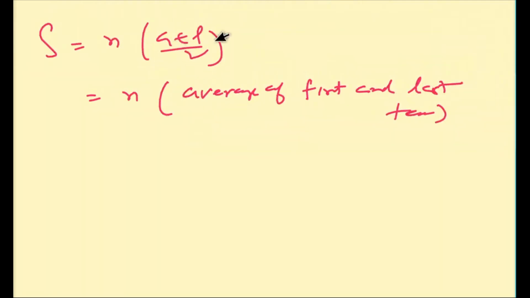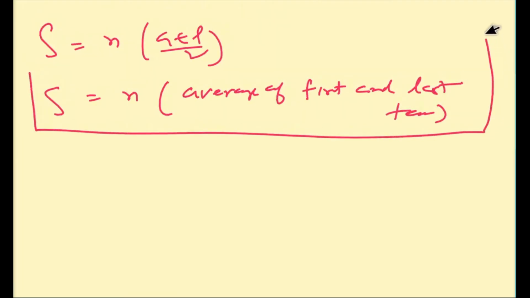Okay, (a plus l) upon 2 means the average of the first and last term. So students, this may be a basic formula for you, isn't it? So this way you have to write both.